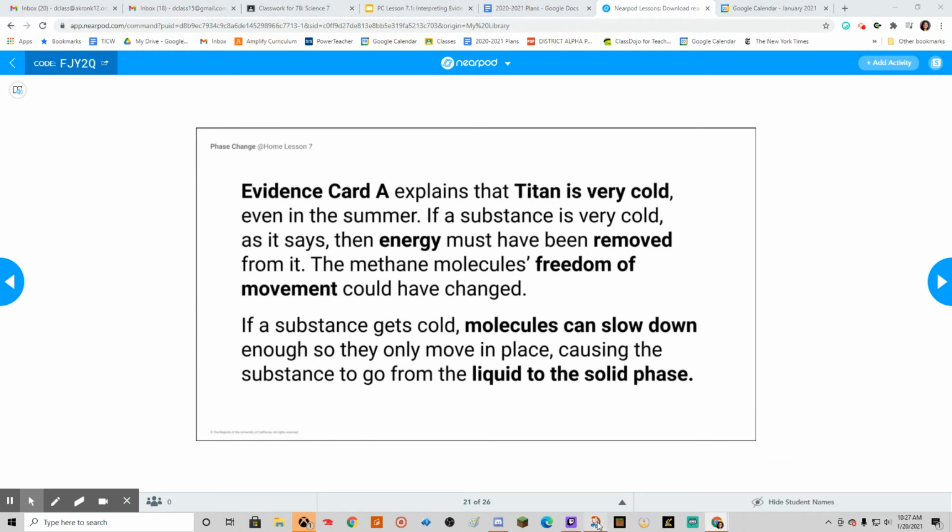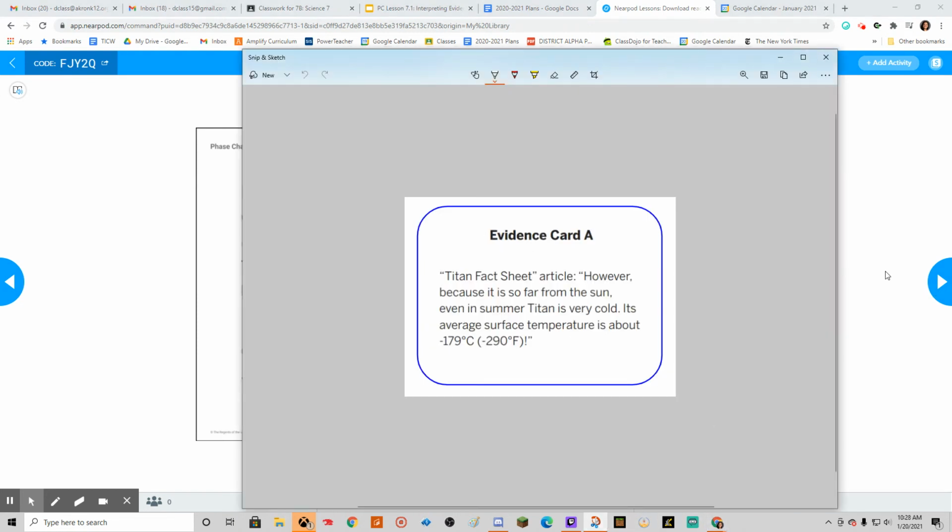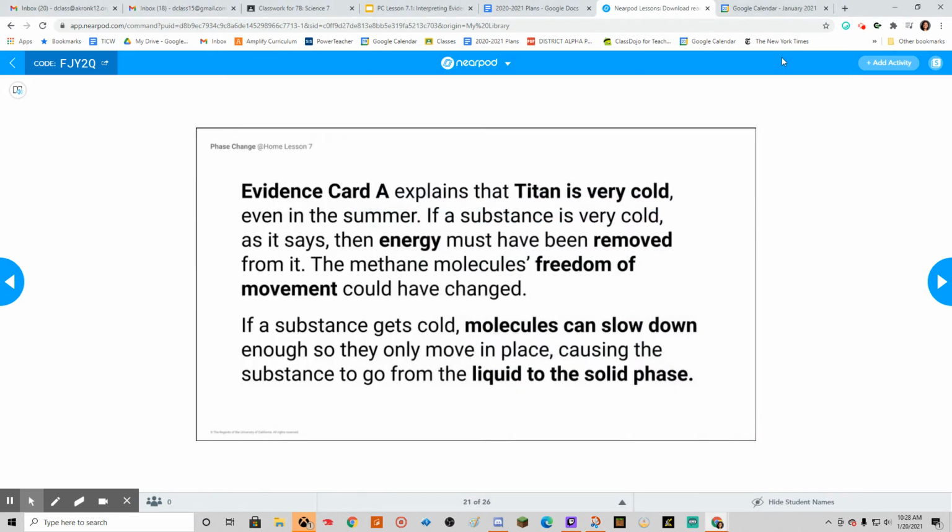So evidence card A states, from the Titan fact sheet article: However, because it is so far from the sun, even in summer, Titan is very cold. Its average surface temperature is about negative 179 degrees Celsius or negative 290 degrees Fahrenheit. So evidence card A explains that Titan is very cold even in the summer.